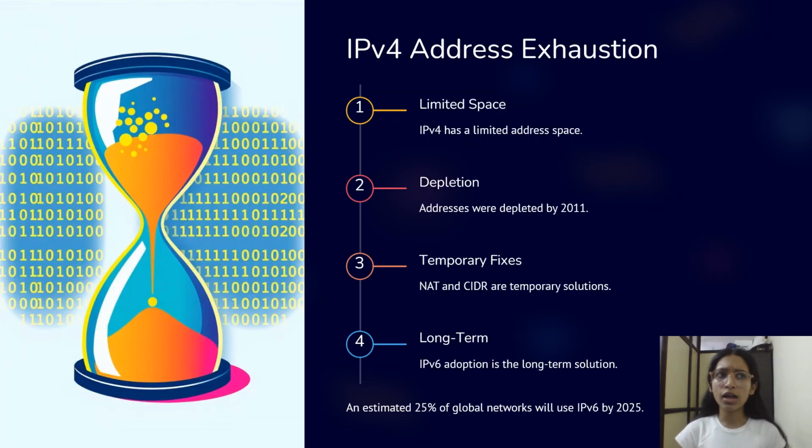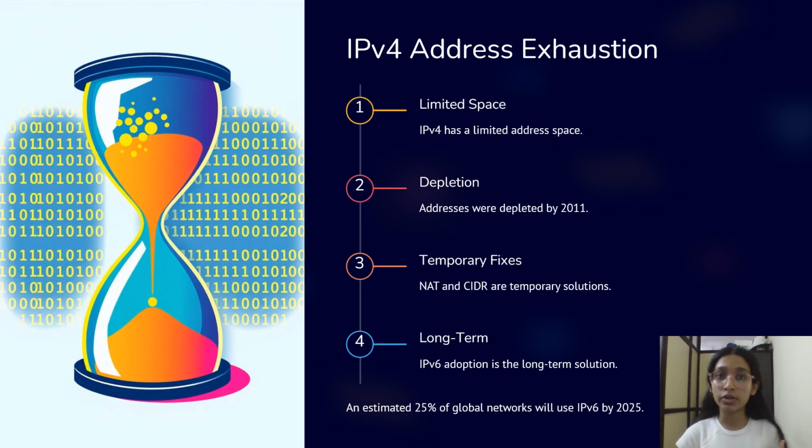Moving forward, IP version 4 address exhaustion, that is, it has some limitations because of limited address space. It often experiences address space depletion.